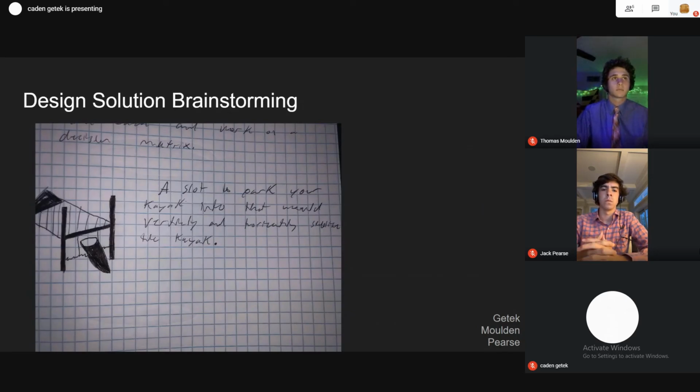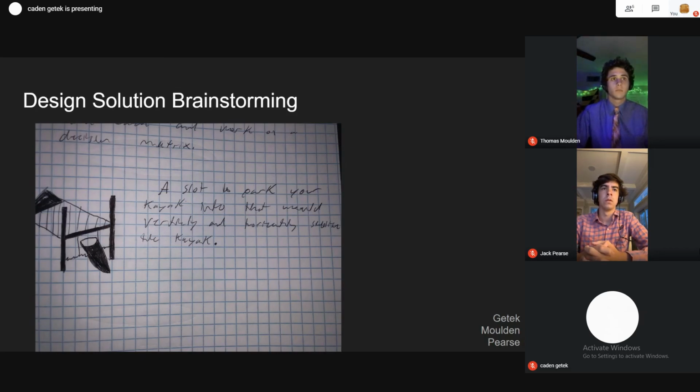Here we went over a bunch of different design solutions that we came up with on our own, and each of us came up with two different ones. The first idea is sort of a slot where you would park your kayak. It's very similar to the first previous solution, but we think this solution type would be more cost effective.